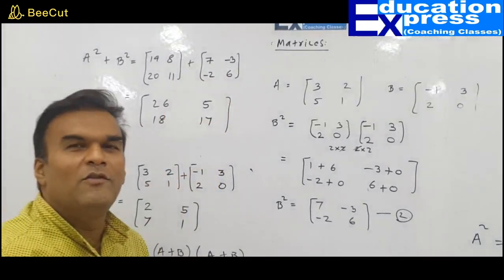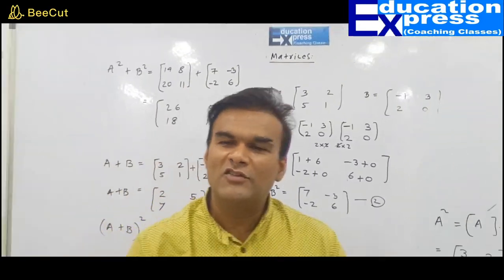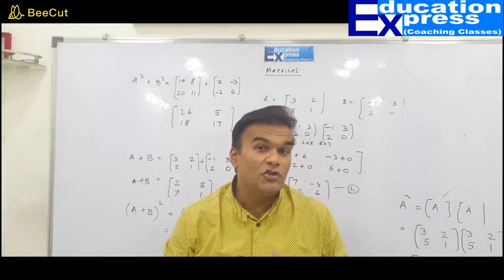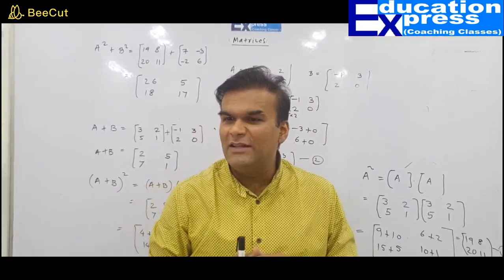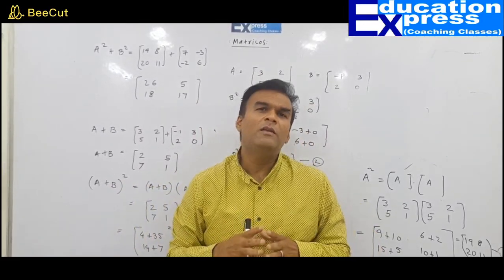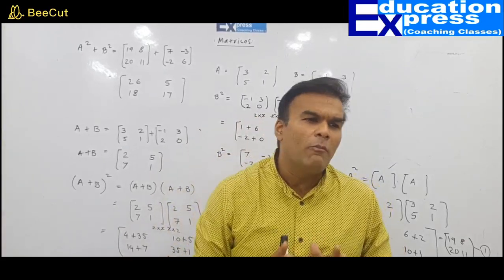With this, my dear friends, you are thorough with matrix multiplication, and I assure you, within the domain of the knowledge that we have discussed so far, you will be able to solve any complex question.